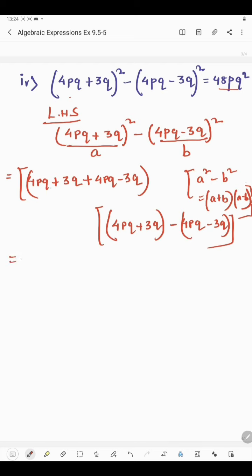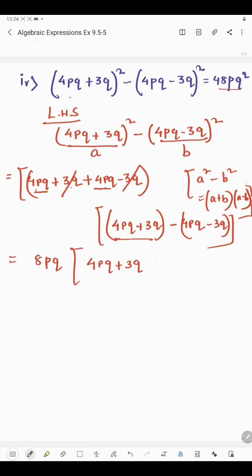Now here we'll check the like terms. See, 4pq, we'll add these two, so we'll have 8pq. And here 3q and 3q will be cancelled because they have opposite signs. So 3 minus 3 will be 0. See, it's 8pq. Now from this part we'll get 4pq + 3q will remain same.